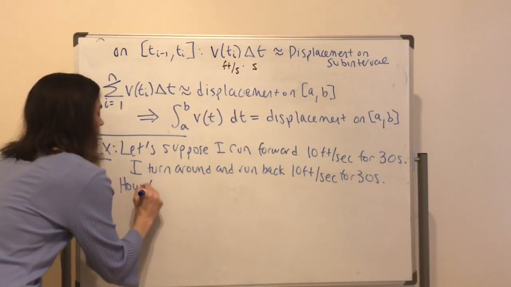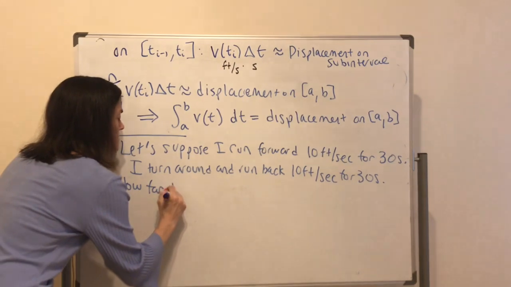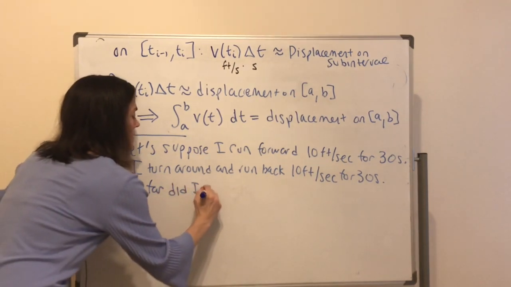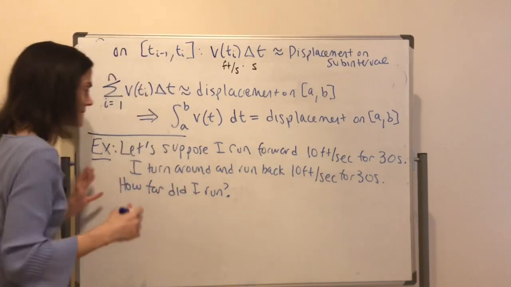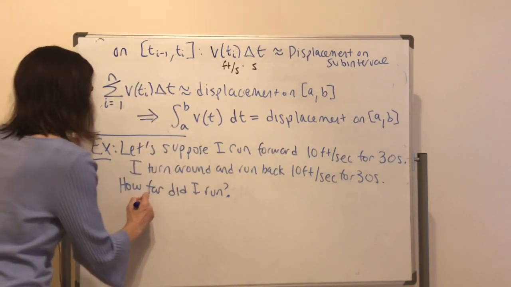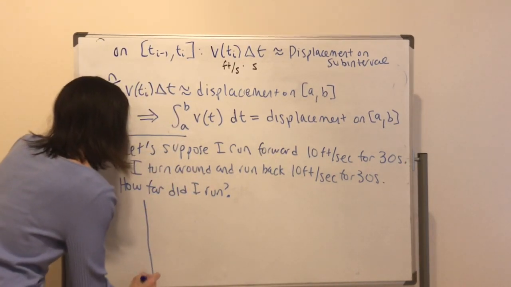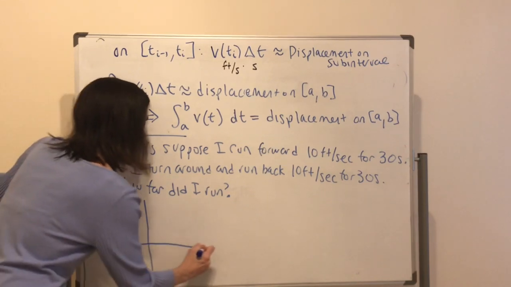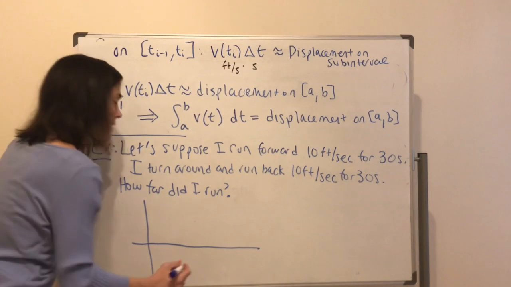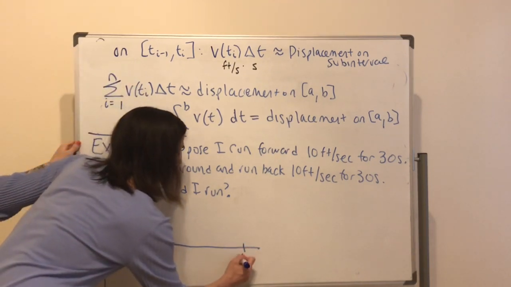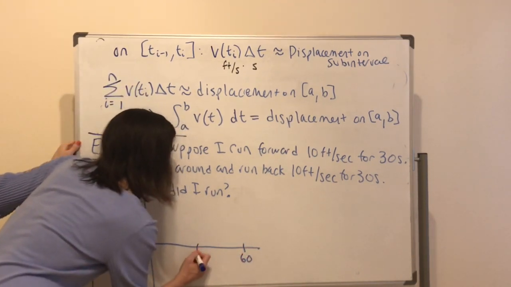Now, I'm doing this on purpose with a constant so that we can really think about the question and not worry so much about the integration. So this will help us just think about the question. Let's graph my velocity function. I have a total of 30 seconds, well, 60 seconds, excuse me.